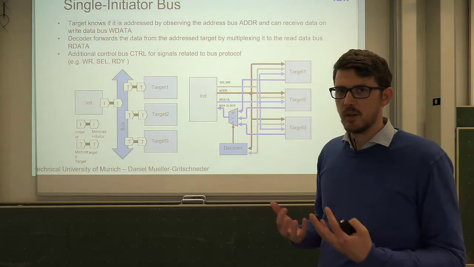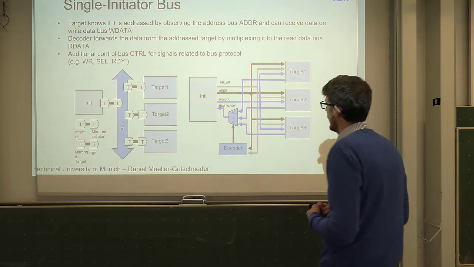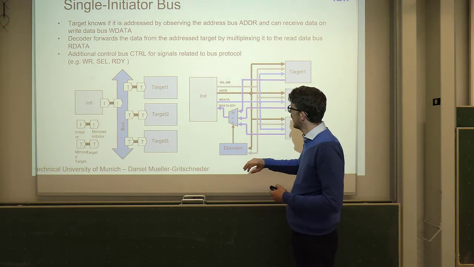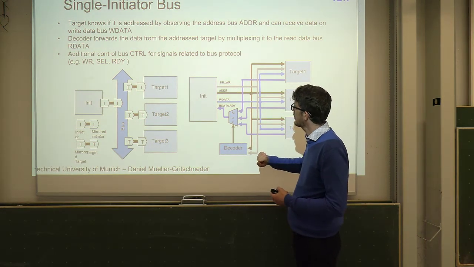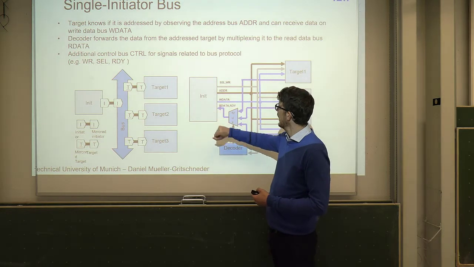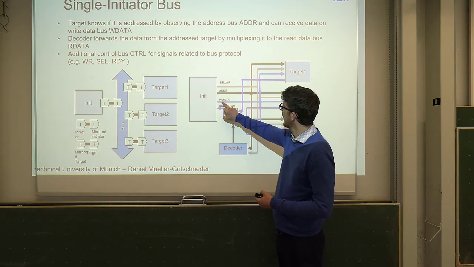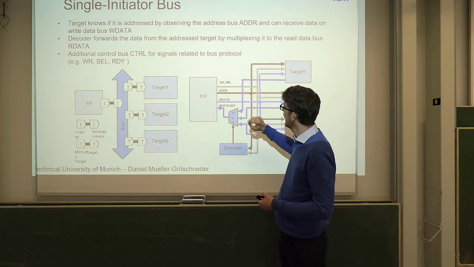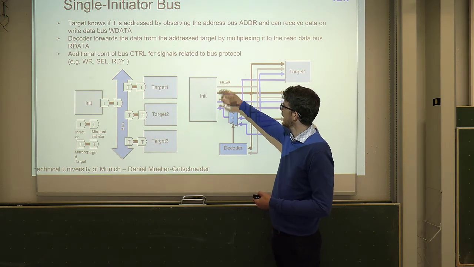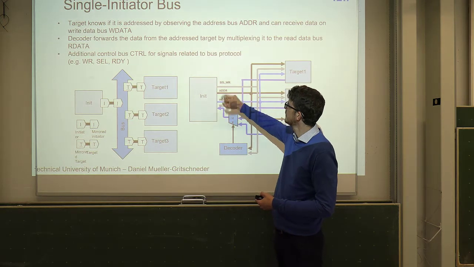Okay, and now let's look at how these are arranged. This would be a very, very simple architecture. The initiator gives an address, and it can also give data it wants to write. Then there are some control signals like select and write/read.